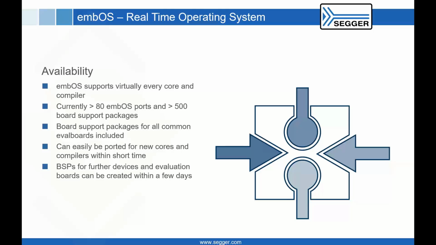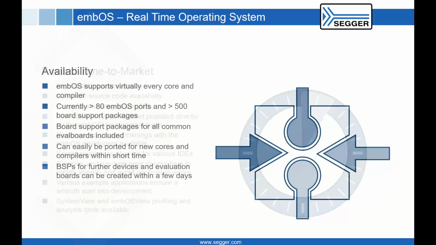And so basically what that means is that you'll find a board support package for MBOSS for all the common eval boards. And even if there's one that's not there yet, we can easily port that for new cores and compilers. And we can also usually develop BSPs for newer boards in a pretty short amount of time.